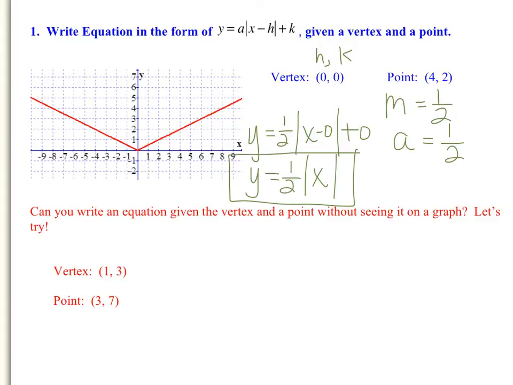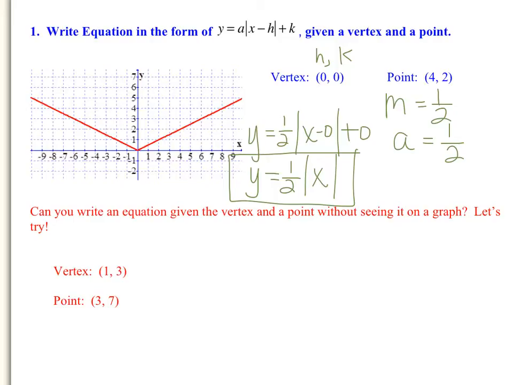Now that you've learned how to write an equation from a graph, do you think you could write one just knowing the vertex and point, even if you can't see a graph? Let's try. The first thing you're going to need to remember is how to find slope when you have 2 points.